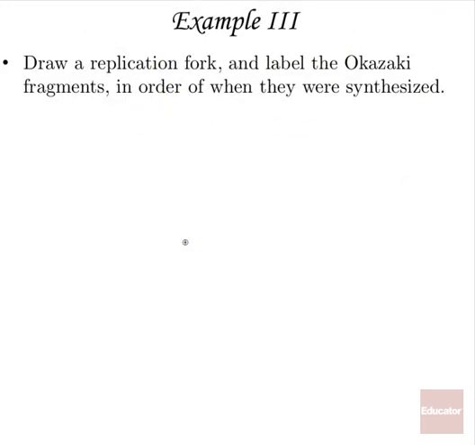So, for example 3, I want you to draw a replication fork and label the Okazaki fragments in order of when they were synthesized. All right, so we'll draw this together. We'll do our parental.